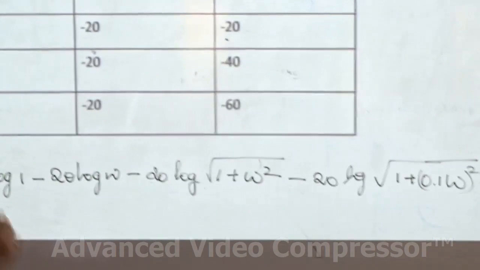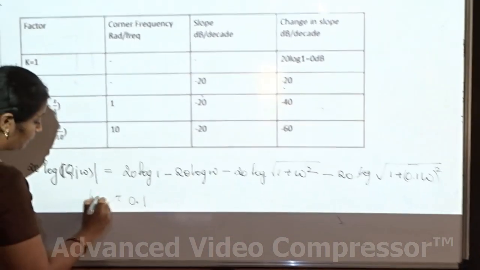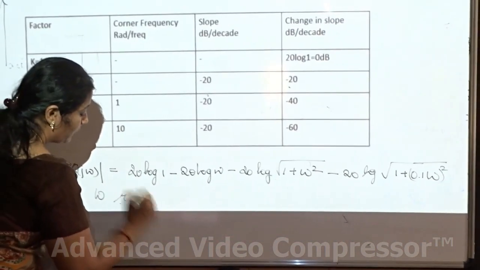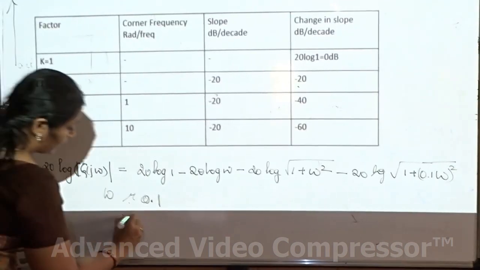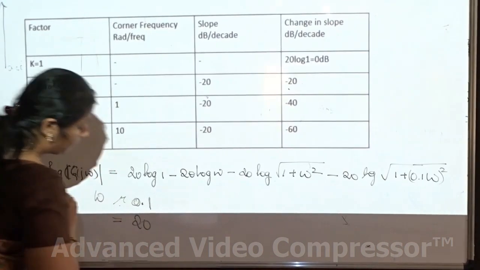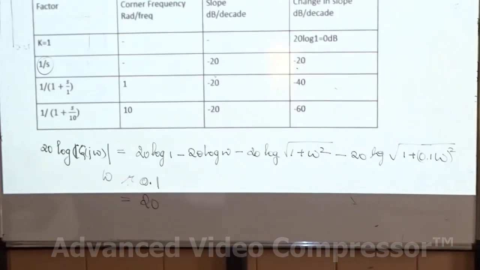Now in this equation, when I substitute omega equal to 0.1, you get a plus 20 here.